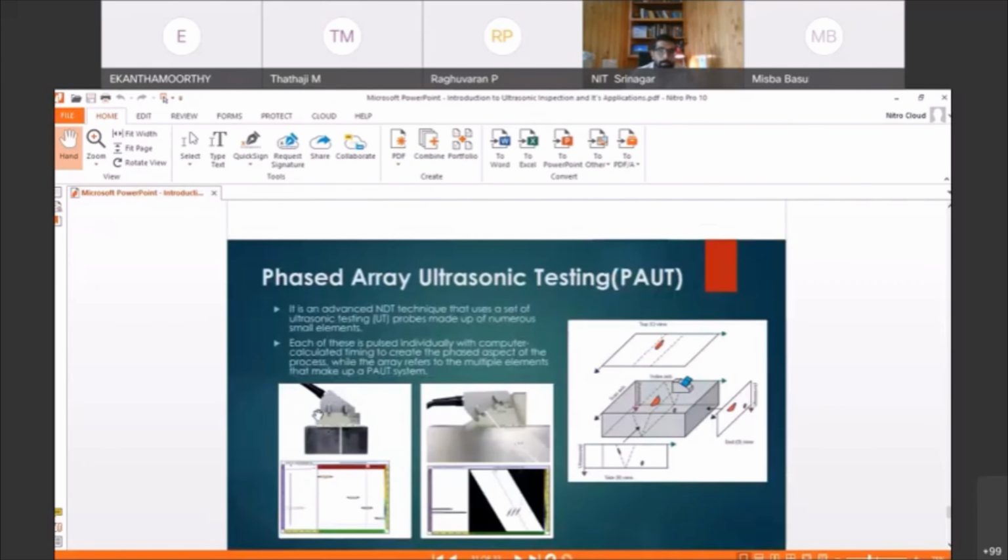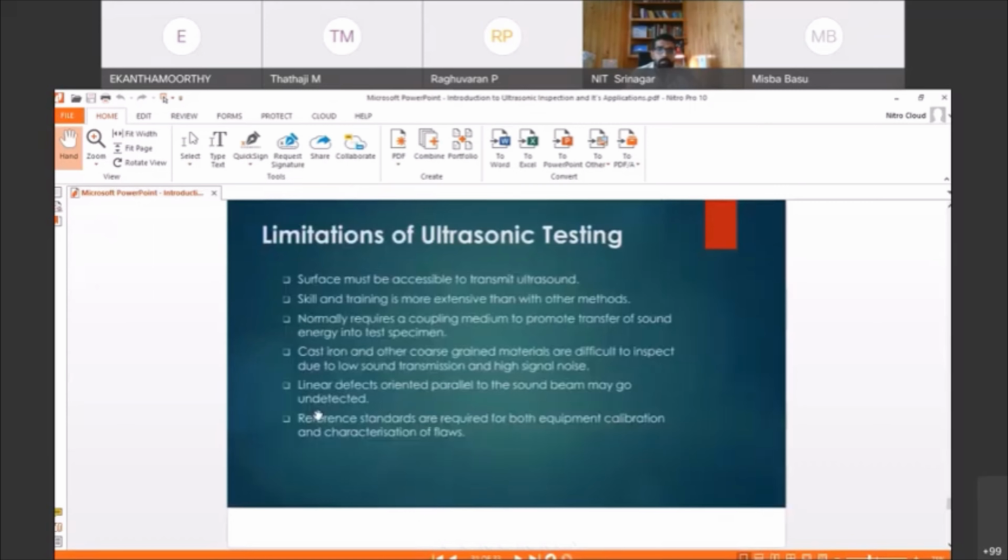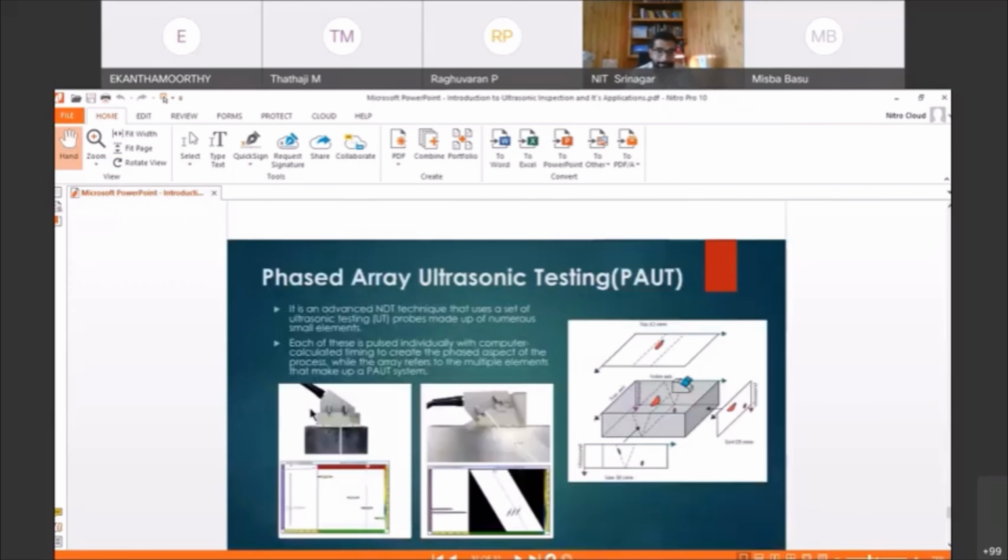Up to here we have seen the advantages, applications and limitations. Two more techniques are there, the advanced techniques like phased array ultrasonic testing. Till now I have discussed the conventional way only, where we use a single crystal or dual crystal to do the inspection.